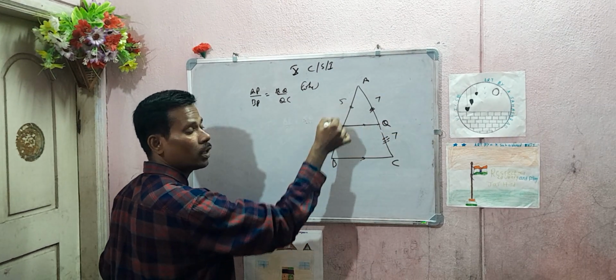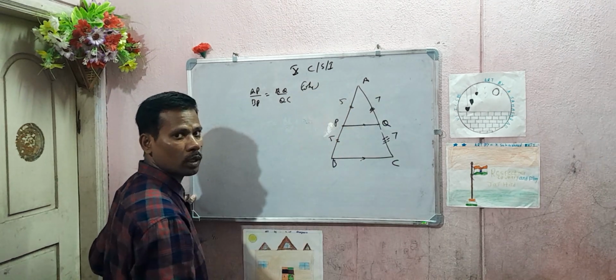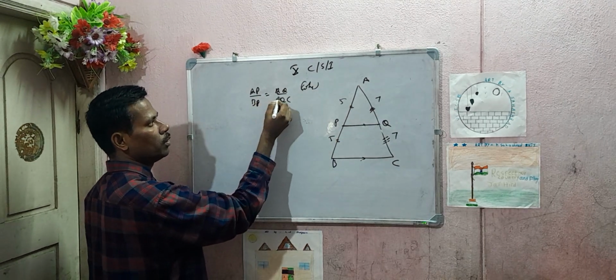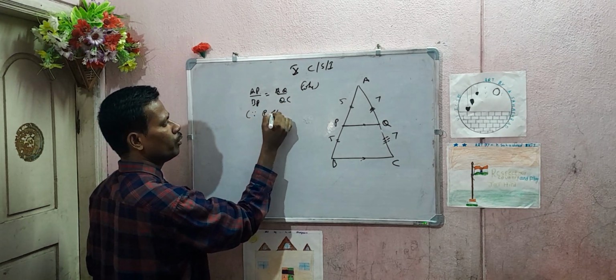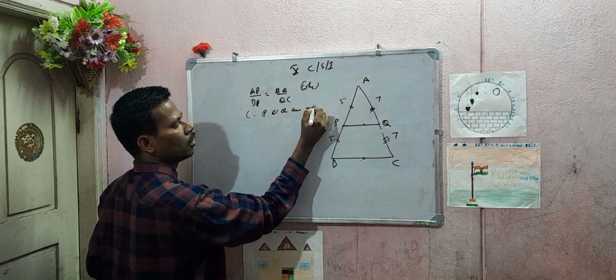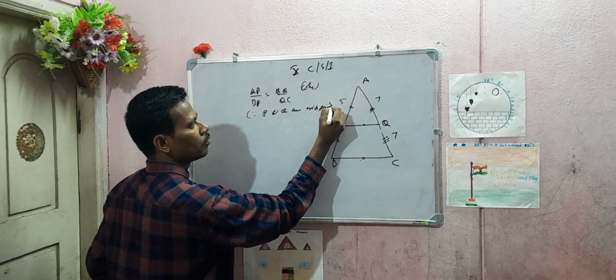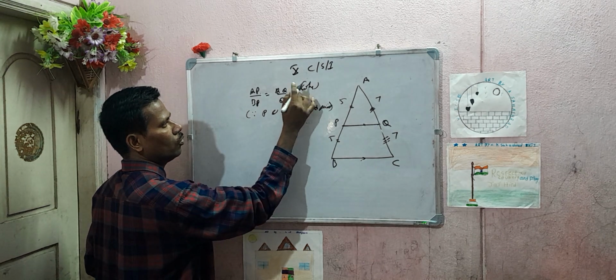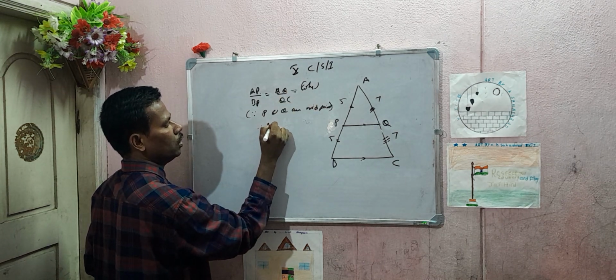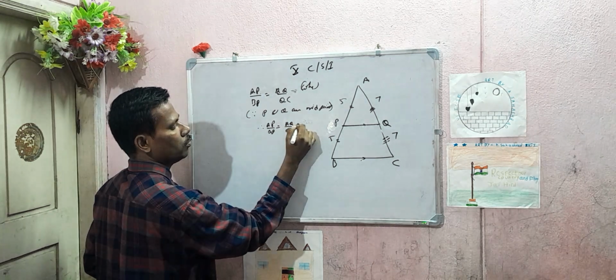Because P is the midpoint and Q is the midpoint, take the ratio 5 by 5, 7 by 7. It is always 1. Therefore AP by BP is equal to AQ by QC, both are equal to 1.